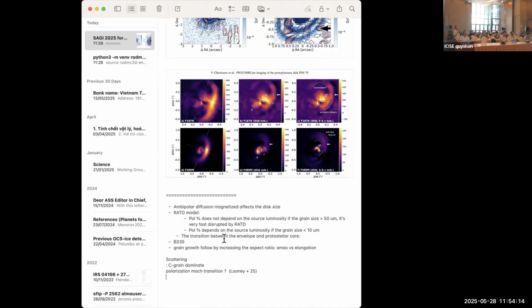This morning Zhang presented that in a protostellar core with grain size greater than 50 micrometers, it does not depend on the luminosity of the source, and if the grain size is smaller, then it will depend on the luminosity. I think that's an interesting one that we should test. You presented in the morning that the 50 micrometer grains are disrupted very fast, on a time scale of 5 to 20 years, to how small, I do not remember.